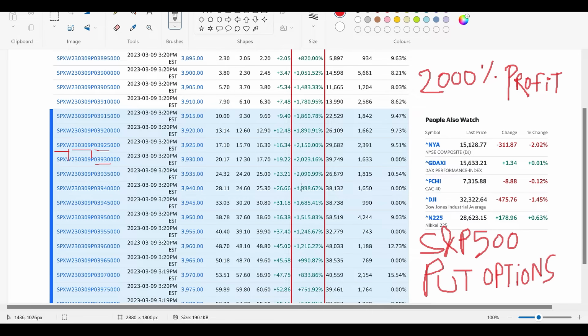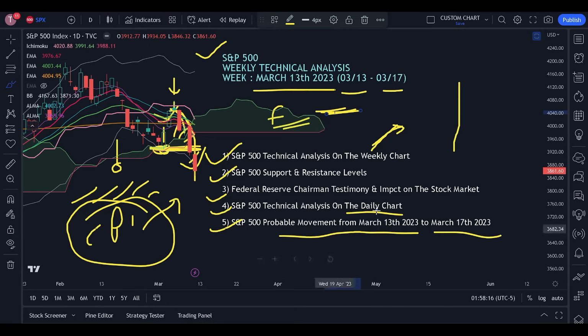Whether you are making 2000% profits or 1000% profit within a day, or you are seeing 10-20% losses within a day, these profits and losses are all yours, because I do not know how you are going to interpret my analysis. Although I try my level best to clear each and everything to you, so that you understand exactly what I am trying to say, still I do not know how exactly you are going to interpret it.